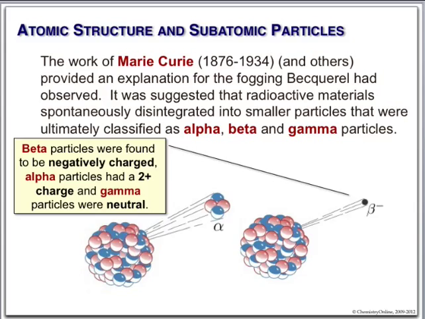A neutron, like we said, is neutral, but it can actually decompose. When it does, it makes a proton, positive, and a beta particle, which is really an electron, and it ejects the electron from the nucleus.